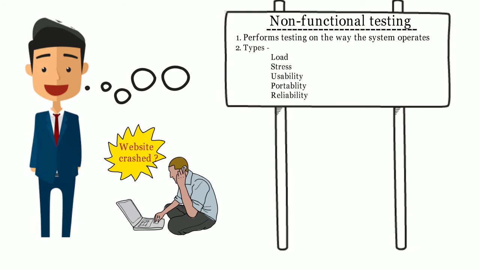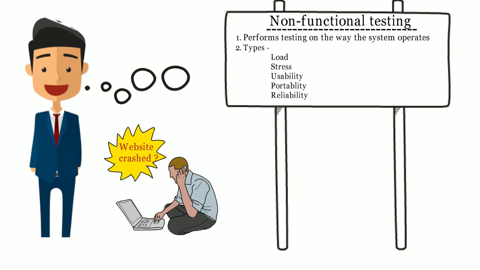Okay, the next one is usability testing. Usability testing is a technique which measures how easily the system can be used by the end users. It basically checks how easy it is to learn the software and how convenient it is for the end user. Okay, the next one is portability testing. Portability testing measures how easily the software can be moved from one platform to another.